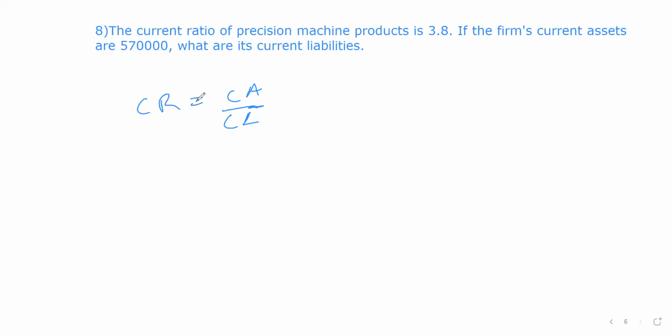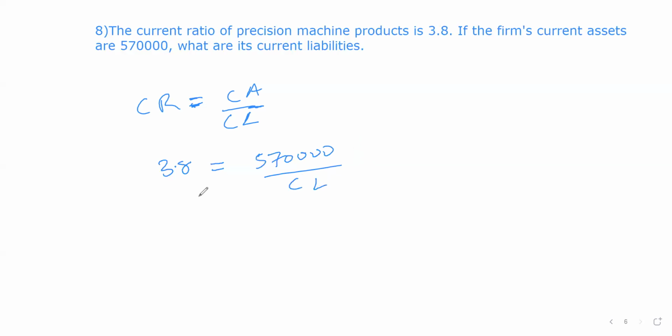So this is just giving us an equation, not an inequality. The inequalities are applicable in the second part where we need to raise additional funds. So current ratio is given by 3.8 is equal to current assets 570,000, and we are looking for current liabilities.